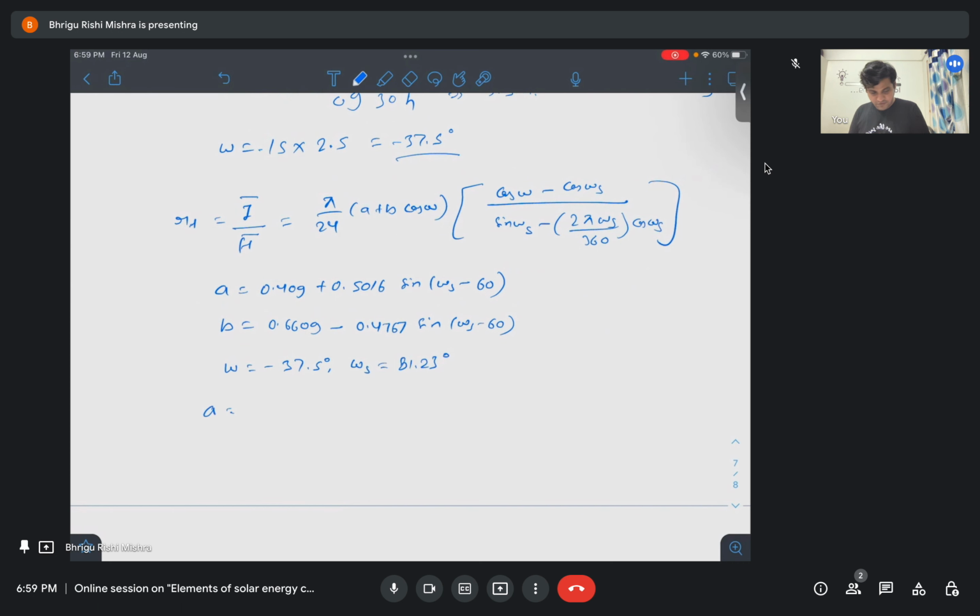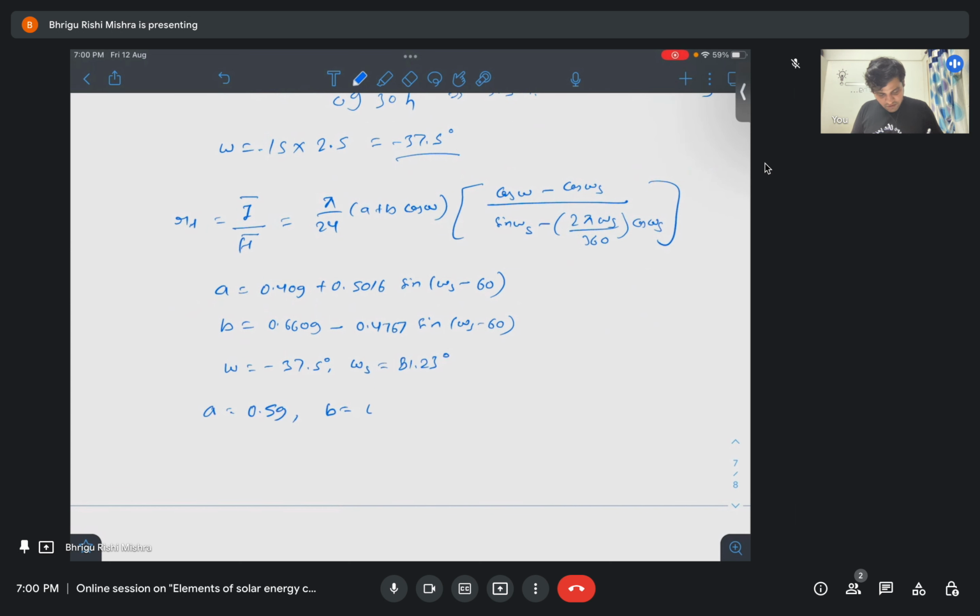So it is 0.409 plus 0.5016 into sine of (omega s minus 60), that means 81.23 minus 60. So a comes out to be around 0.59. And b is 0.6609 minus 0.4767 into sine of (81.23 minus 60).